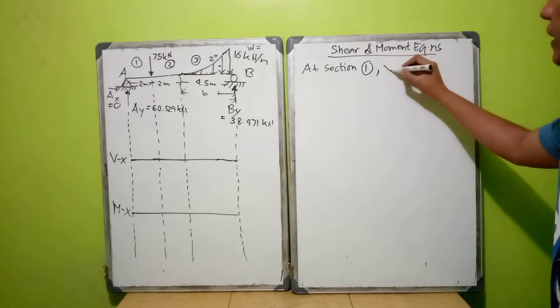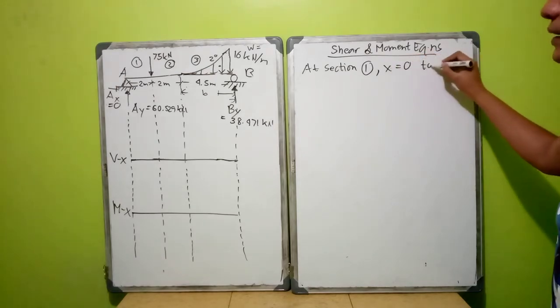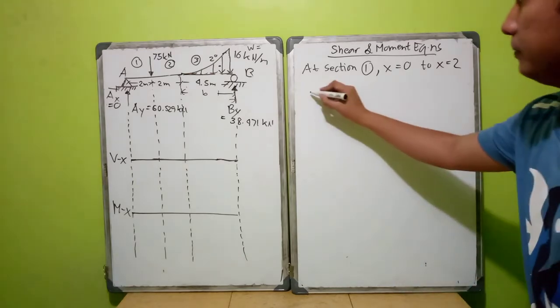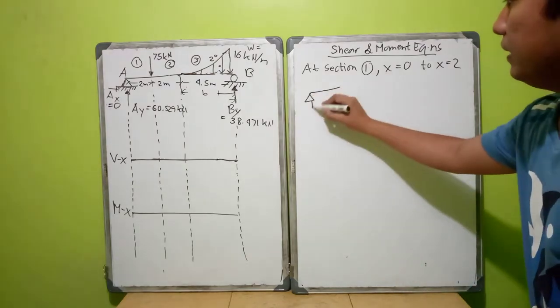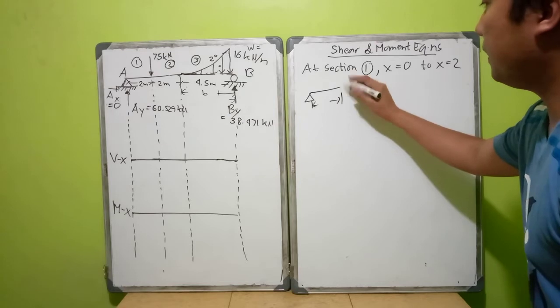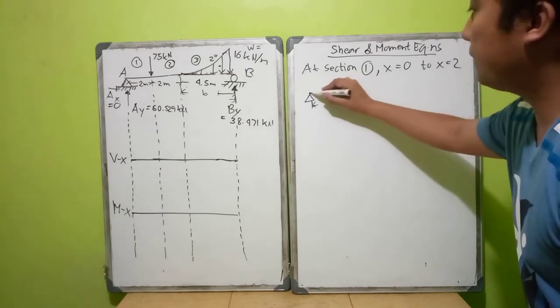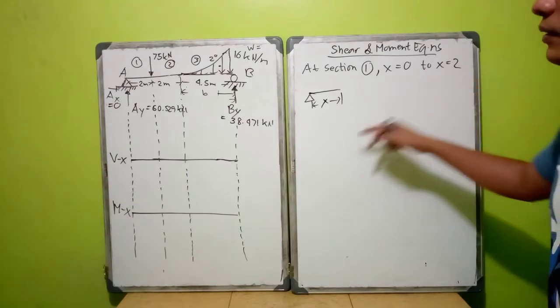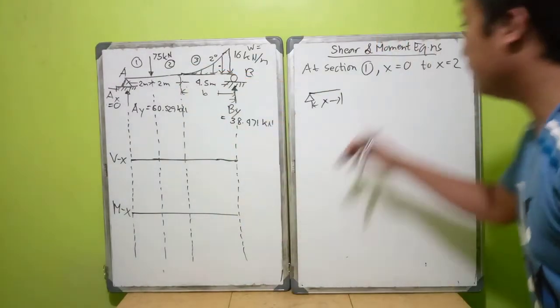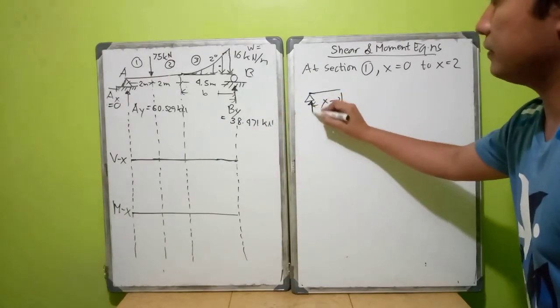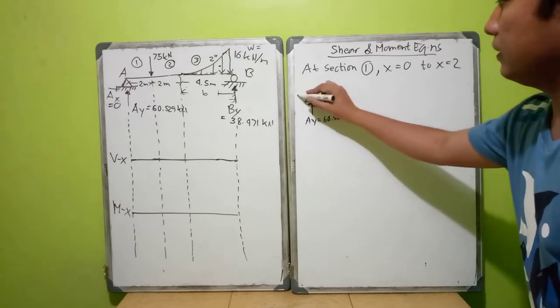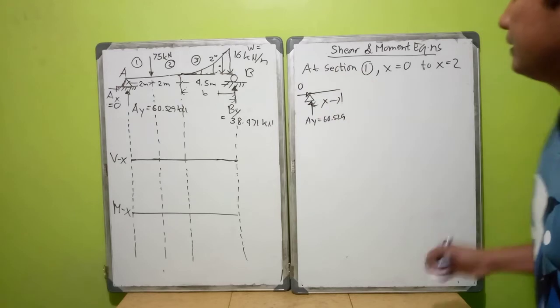Section 1, which is x equal to 0 to x equal to 2. So we have this, any random x. Since this x may exist between 0 and 2, the 75 kilonewton will not exist yet. So this is AY equals 60.529. Then we have 0 for AX.